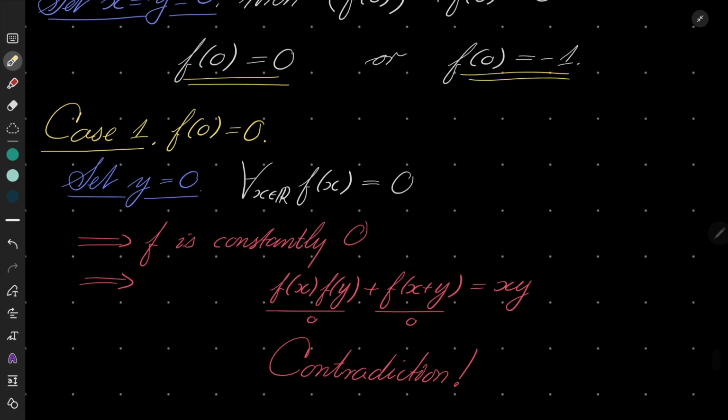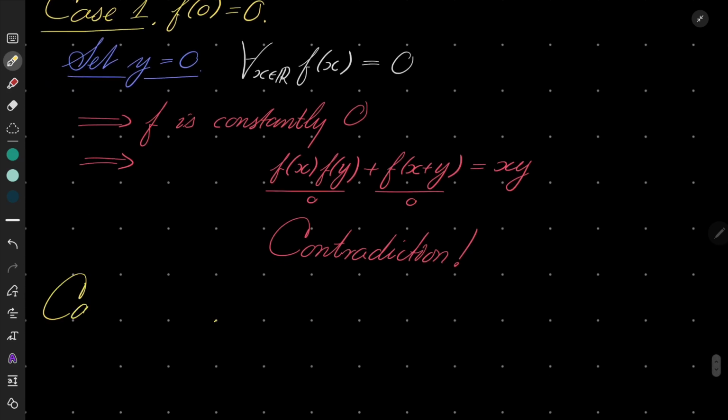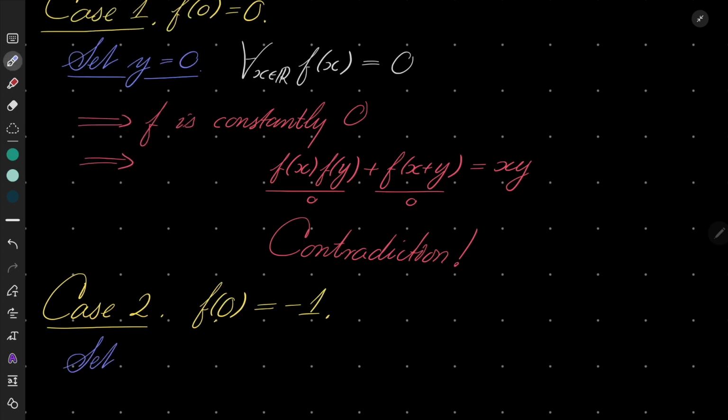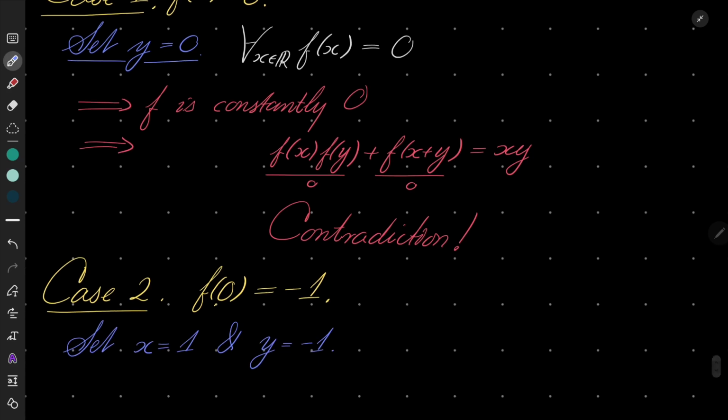Case number 2, f(0) equals minus 1. Now let's try setting x to be equal to 1 and y to be equal to minus 1.